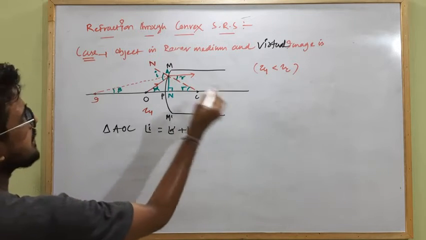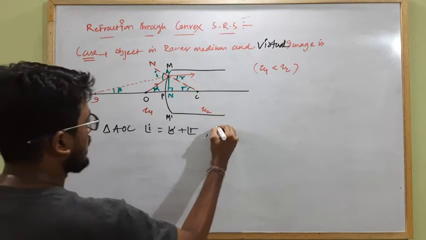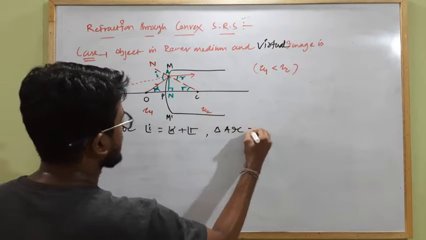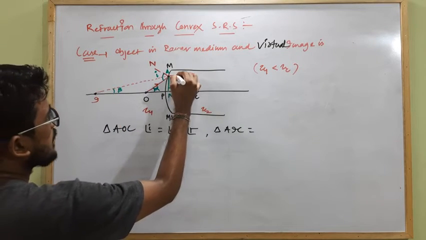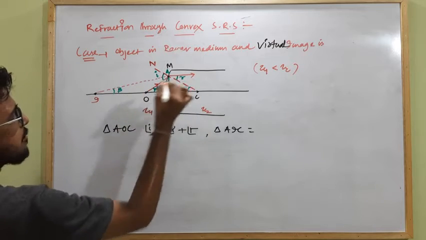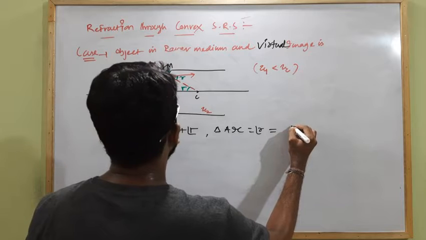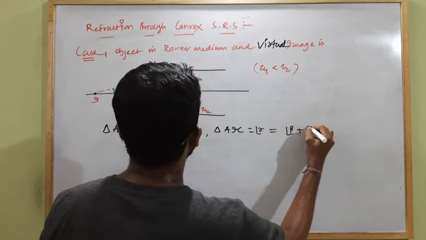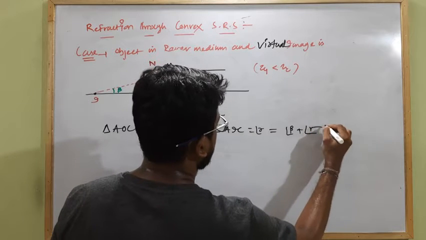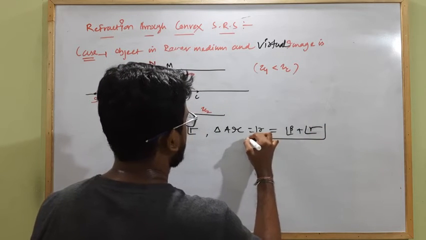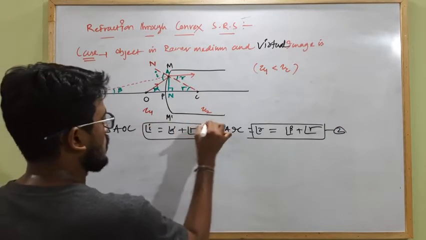And again in triangle AIC, r is the exterior angle, and beta and gamma are interior angles, so I can write angle r equal to angle beta plus angle gamma. Clear? This will be equation 2 and the earlier one will be equation 1.